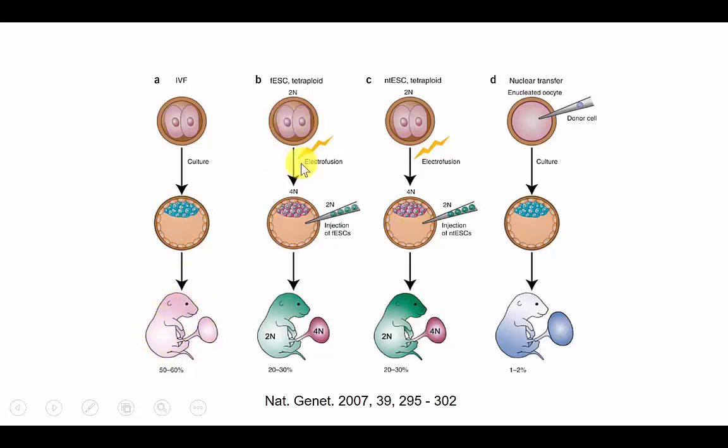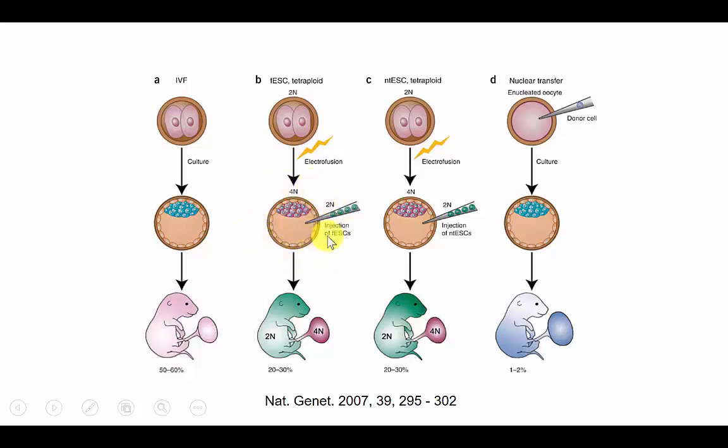In an early stage of embryo development, if we give an electric shock, the cells cannot divide properly. Originally, all the cells should have 2 copies of DNA, 2n stage, but in this case they become 4n stage. If the embryo becomes 4n stage, the inner cell mass cannot develop properly and dies out. Only the trophoblast can survive.